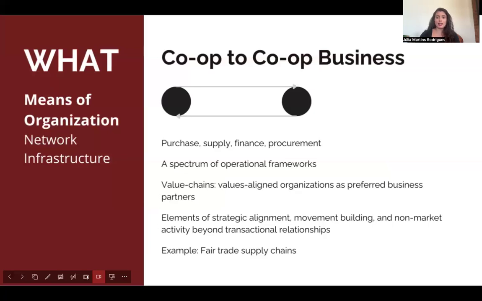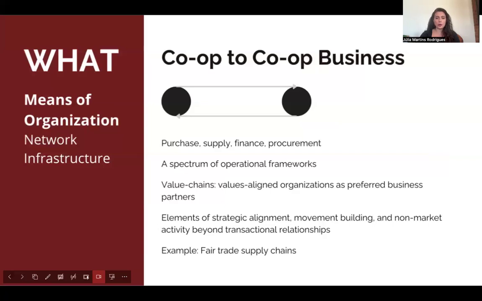These partners can be governed by legally binding contracts or through more informal arrangements, creating a range of operational frameworks. And most enterprises, whether they are cooperatives or not, are part of value chains that rely heavily on suppliers for raw materials, components, or services to keep their operations running smoothly. They also need to secure funding and attract skilled labor.